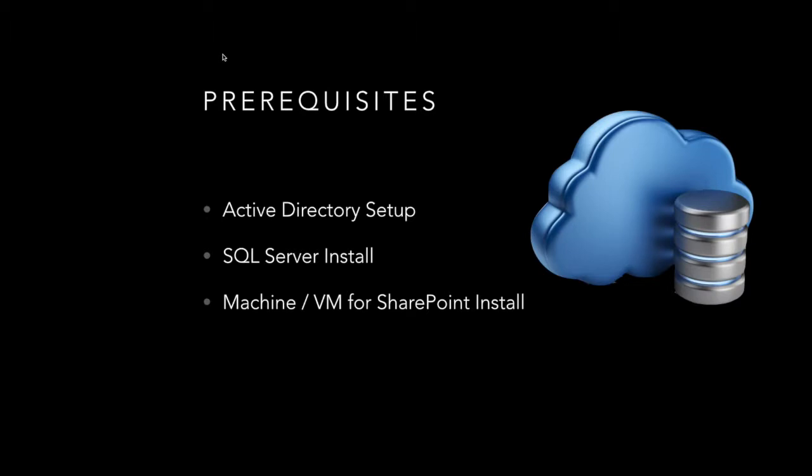And then of course you'll need a machine to install SharePoint on, whatever's going to be your SharePoint server. If you had multiple servers, the install is pretty much the same as you run it on your additional instances. You would just choose the add to existing farm option that you'll see as we go through the install.